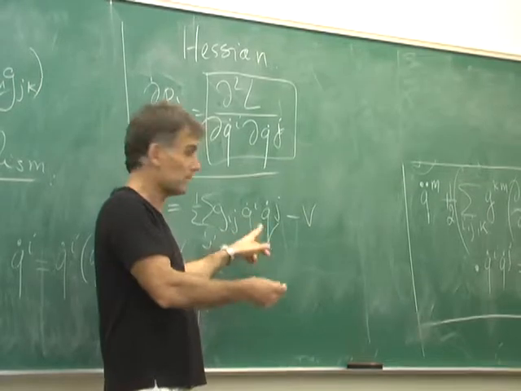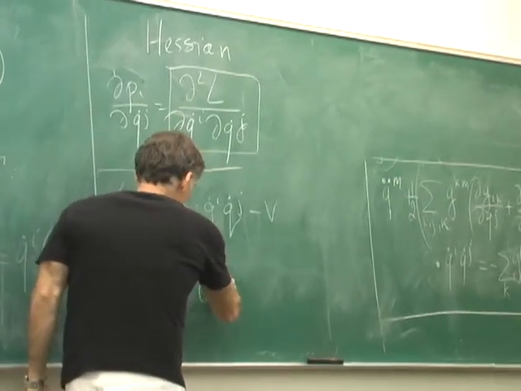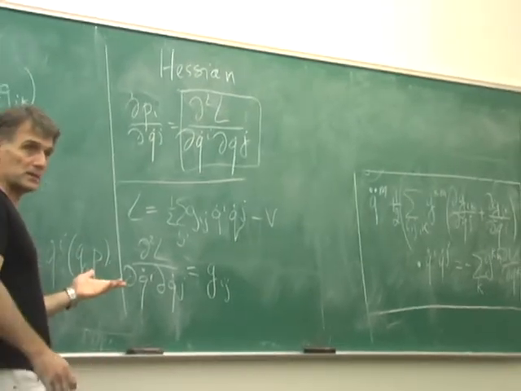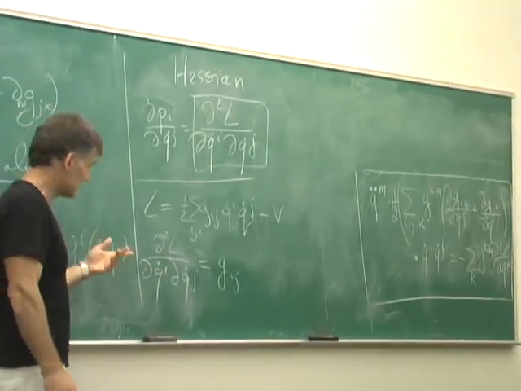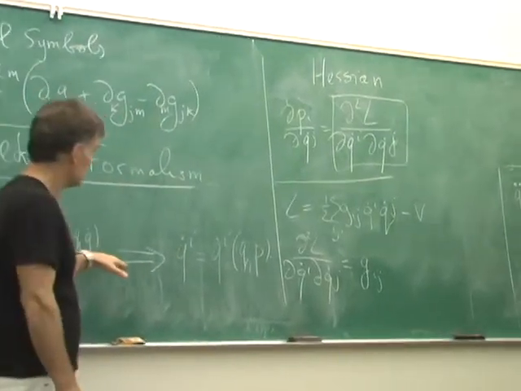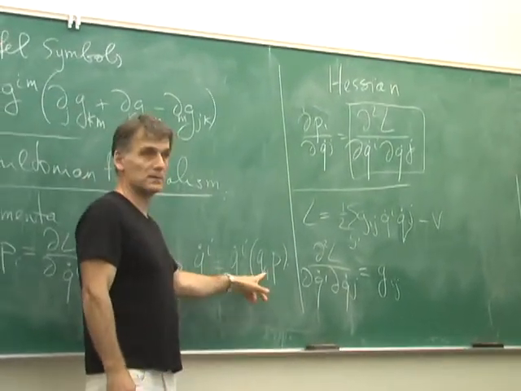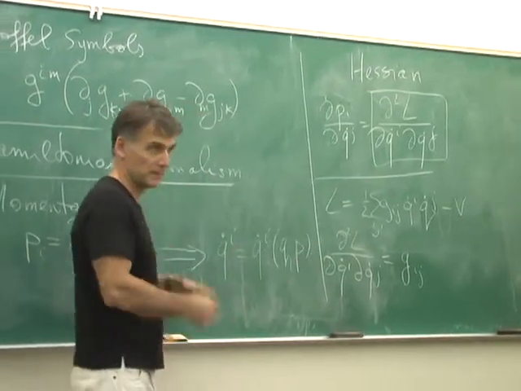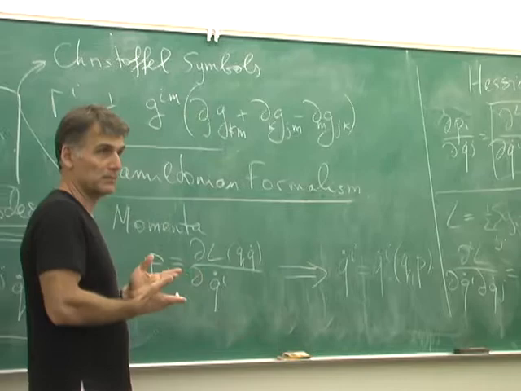Then you compute another one, and you see that this is exactly the metric. And we assume that it is not degenerate. So if the metric is not degenerate, then you can invert this and express the velocities in terms of the momentum. And so your basic variables become the momentum.